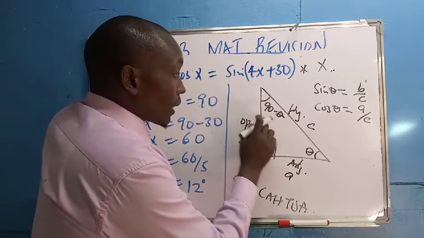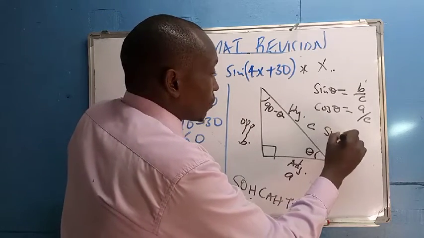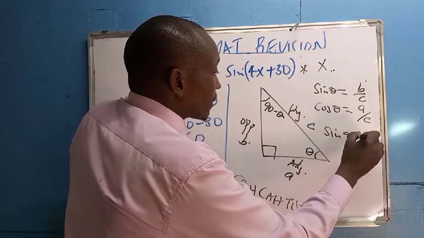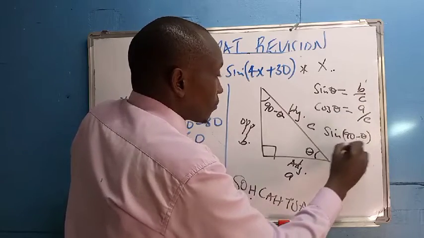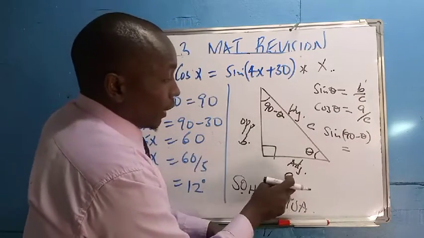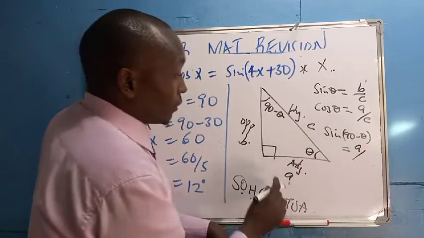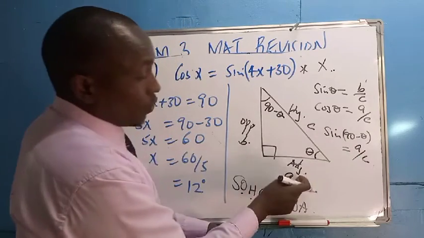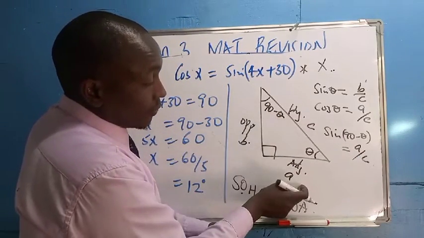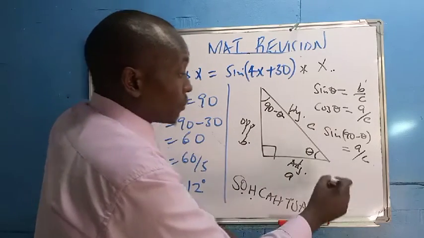Now let's think about this angle. I want to work out the sine of 90 minus theta. The sine of this will be A over C. That is now the opposite. If this is the angle, opposite will be down here over hypotenuse.